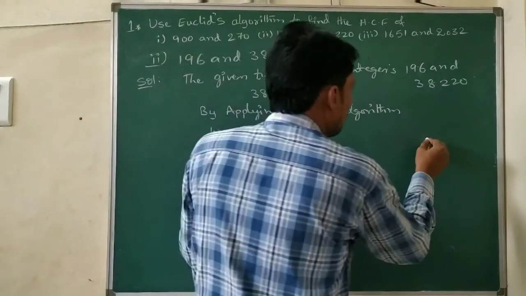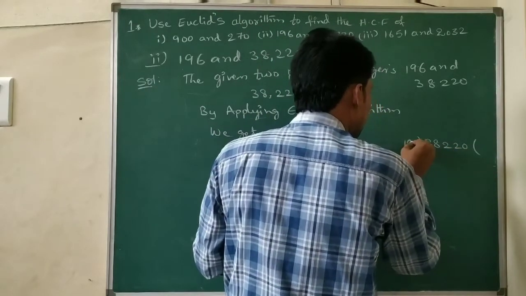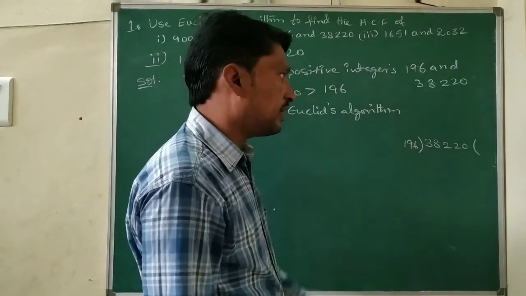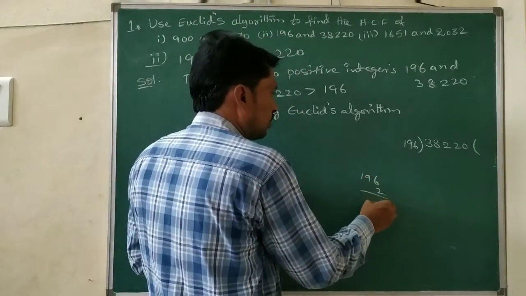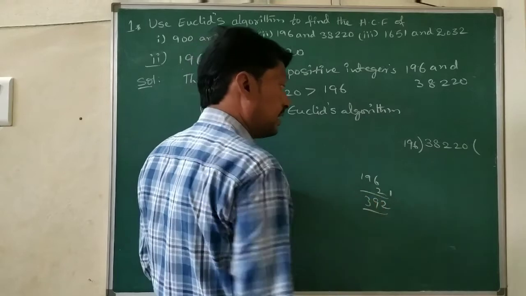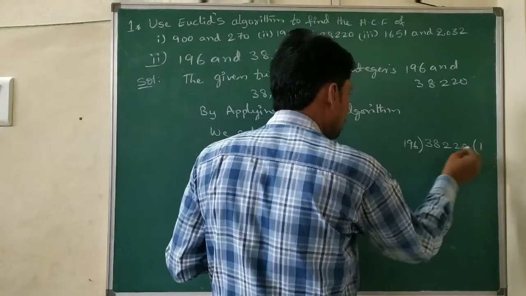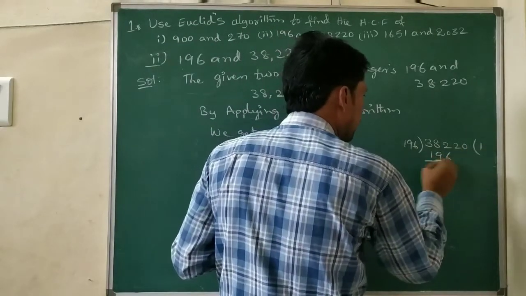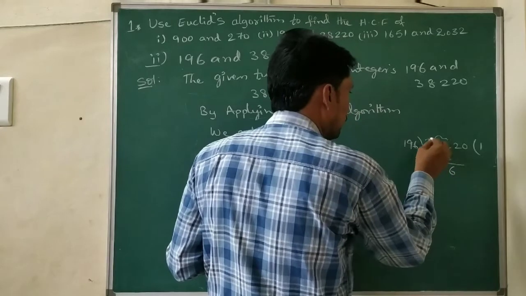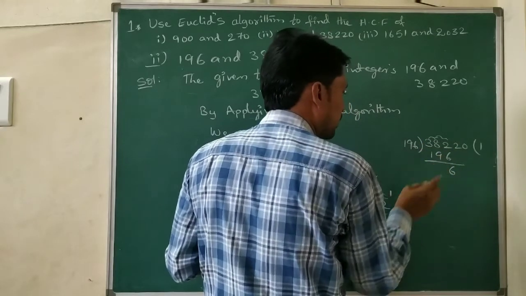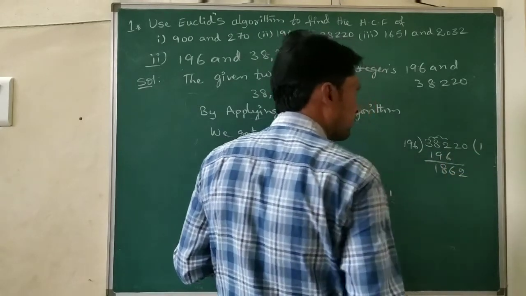We take the division of 38,220 by 196. 196 ones are 196. 196 twos are 392, which is not possible, so only one. 196 ones are 196. Subtracting: 12 minus 6 is 6. Here 7 becomes 17; 17 minus 9 is 8. And 2 minus 1 is 1. The digit 2 comes down as it is.